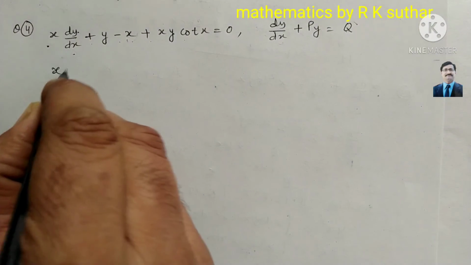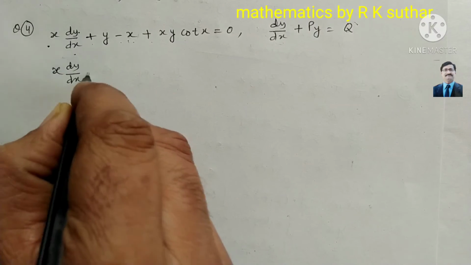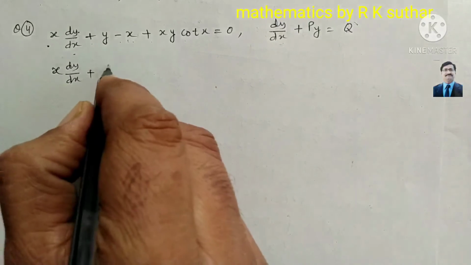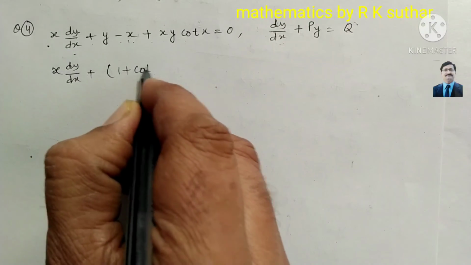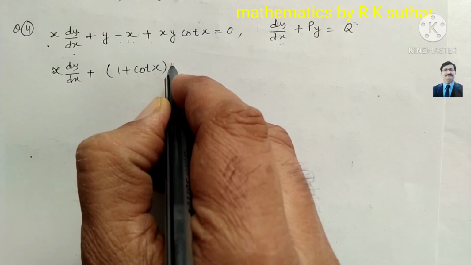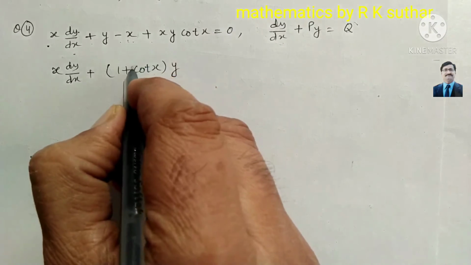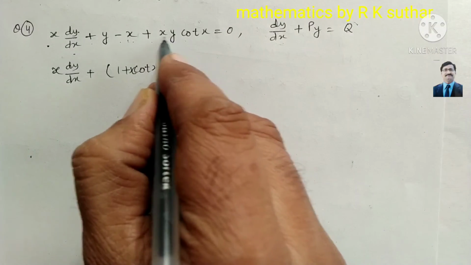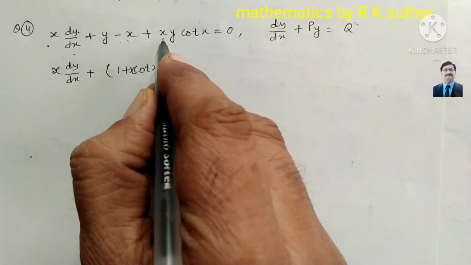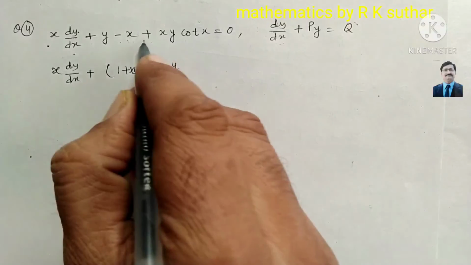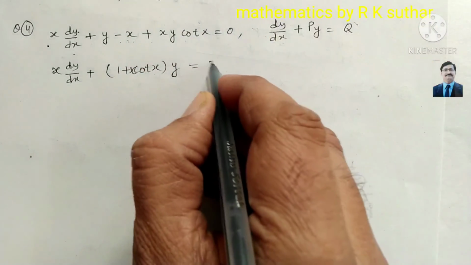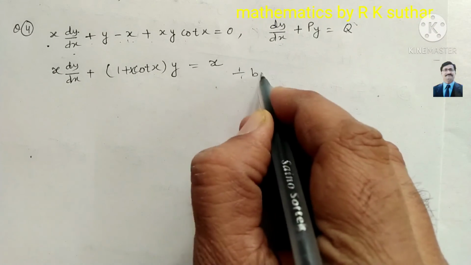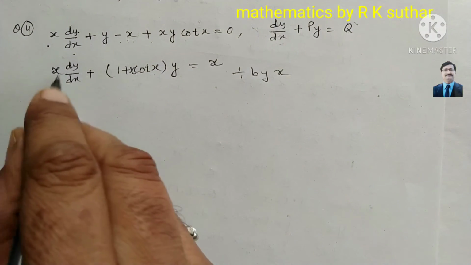We get x dy/dx plus, taking y common from these two terms, 1 plus x cot x times y, and this x we transfer to the right hand side, getting x, and we divide by x, because here we want 1.